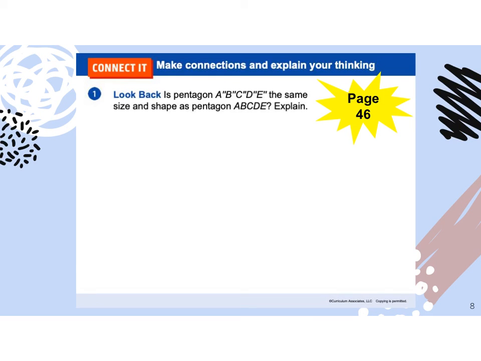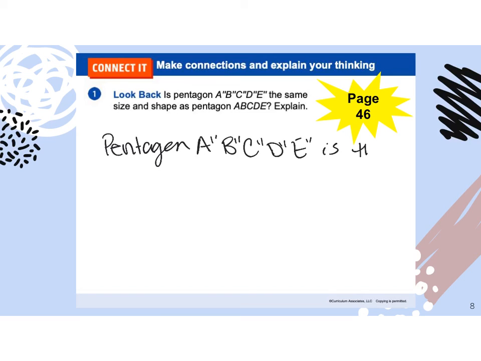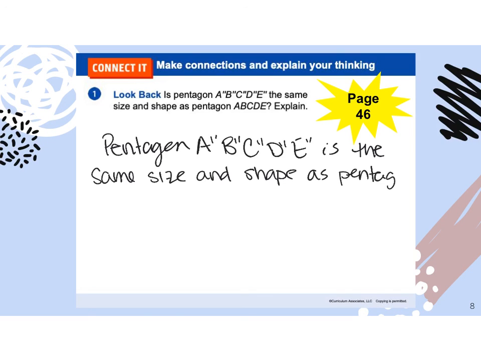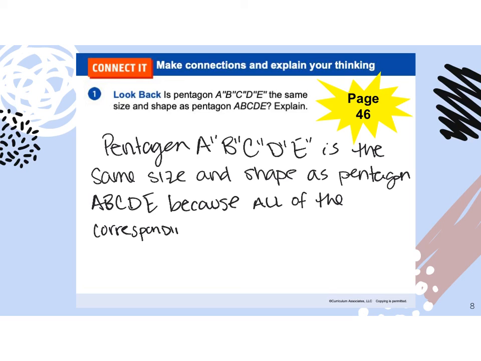So to explain this in a complete thought: pentagon A double prime, B double prime, C double prime, D double prime, E double prime is the same size and shape as pentagon ABCDE, the original, because all of the corresponding sides are equal in measure.